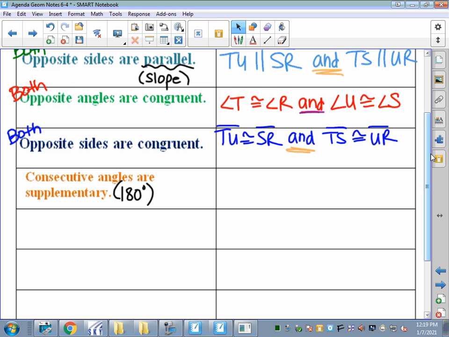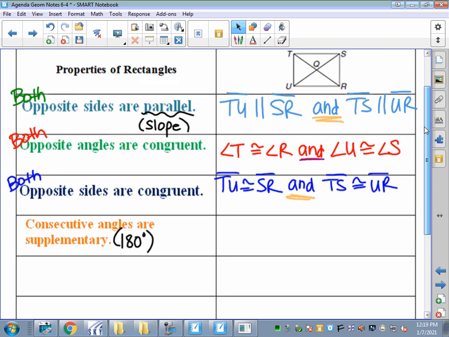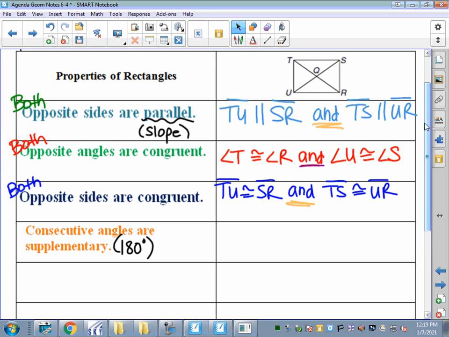So consecutive angles add up to 180 degrees. Remember, interior and exterior angles make a straight line. They add up to 180. It looks like a straight line, two angles put together. So if I took angle T and added its consecutive angle, angle S, I would have 180 degrees.